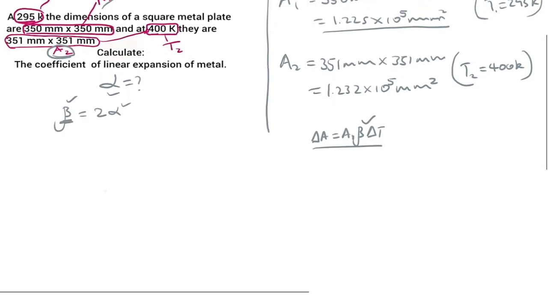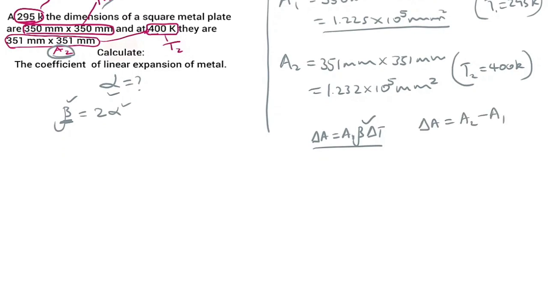Let us do it. Change in area is equal to area 2 minus area 1. Then also the change in temperature is 400 minus 295, which gives us 105 K. Then let us come back to this formula.